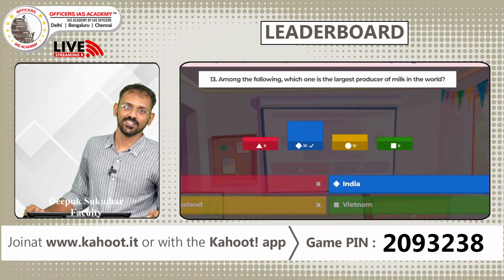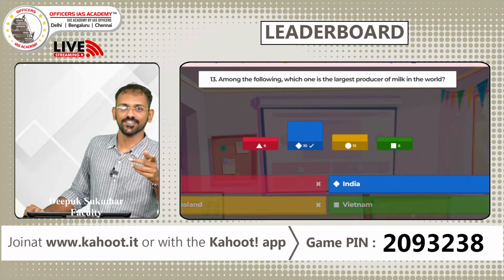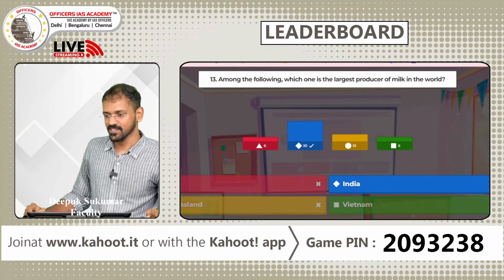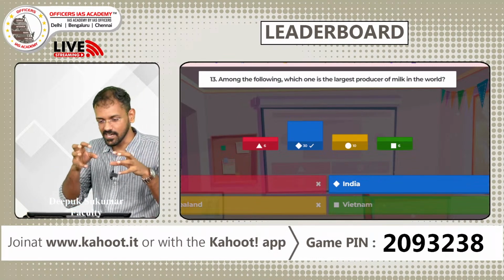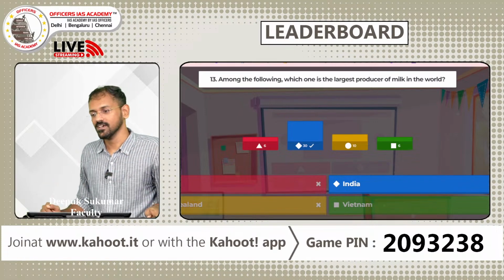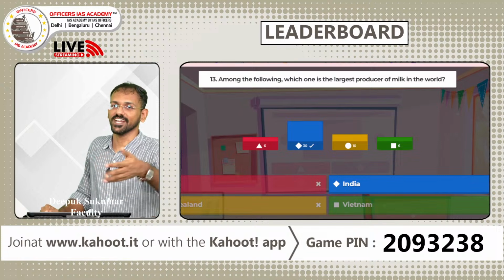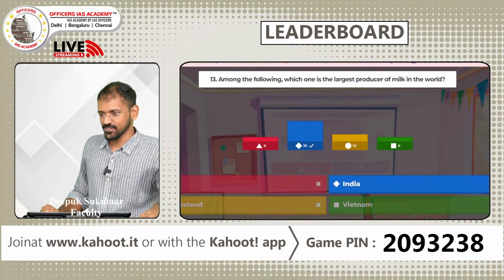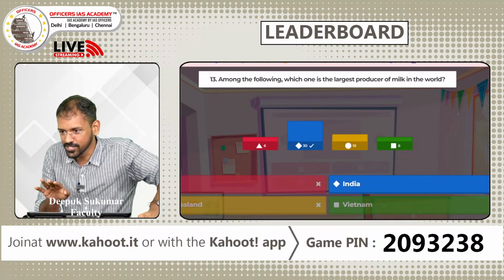So that's where a little bit of this patriotic tinge you see in UPSC question papers. So that's a hack. Bear that in mind. Whenever China and India are placed in competition in a certain question, India is often the right answer. Good. Next, let's see how many have picked New Zealand.